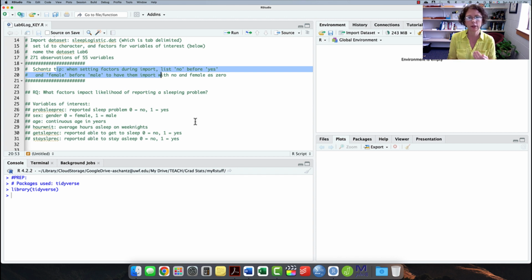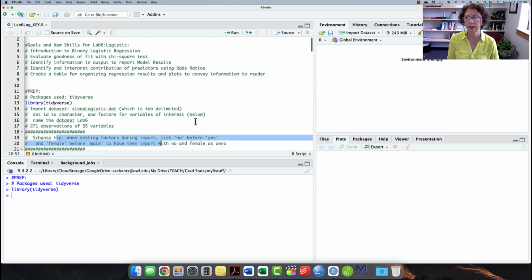So if you already know that you want no to be 0 and yes to be 1, or that you want female to be coded 0 and male to be coded 1, you can put it in that order when you're importing using the import wizard, and it should already be that way. Regardless, we'll have a way to relevel if we need to when we get into our preliminary and prep tasks.